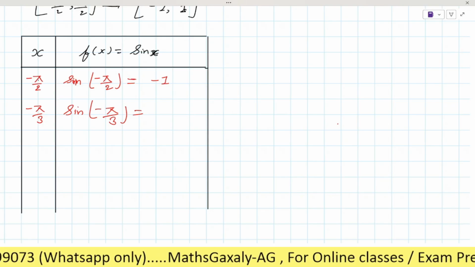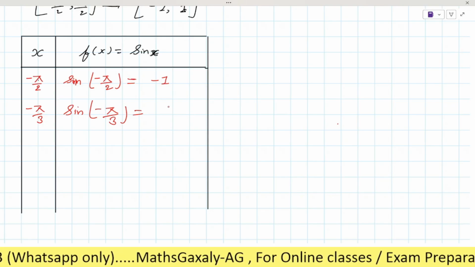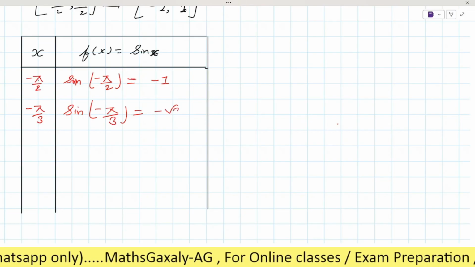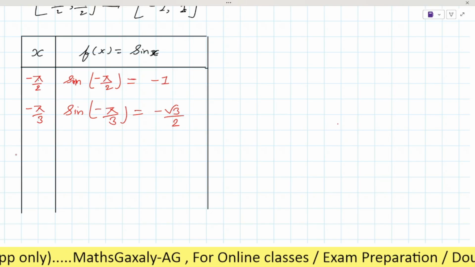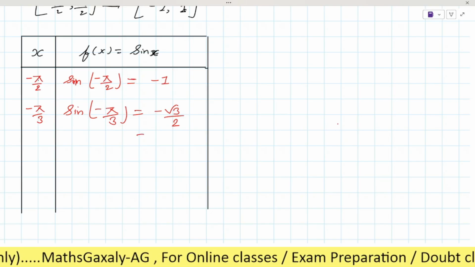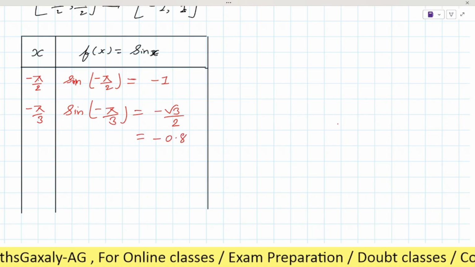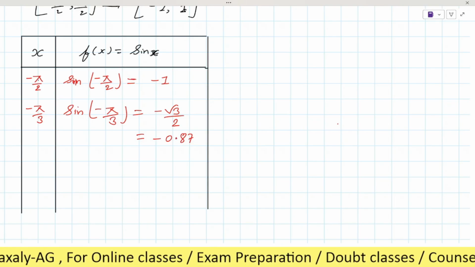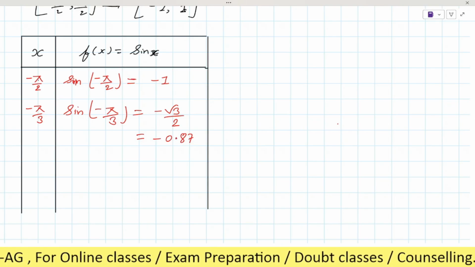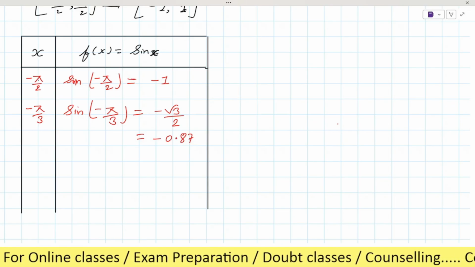So it will be minus root 3 by 2, and its value will be minus 0.87 when you solve it. So we have to take it to fraction.